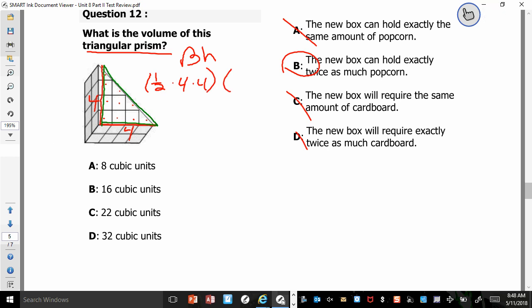What's the height of this prism? 2. Right? So 16 is what? 4 times 4 is 16. Half of that is what? All right, good. Everybody works out to be the same, right? Luckily, because these half triangles, when you put them together, make one. Right? So good. 8 on the front, 8 on the back. All right.